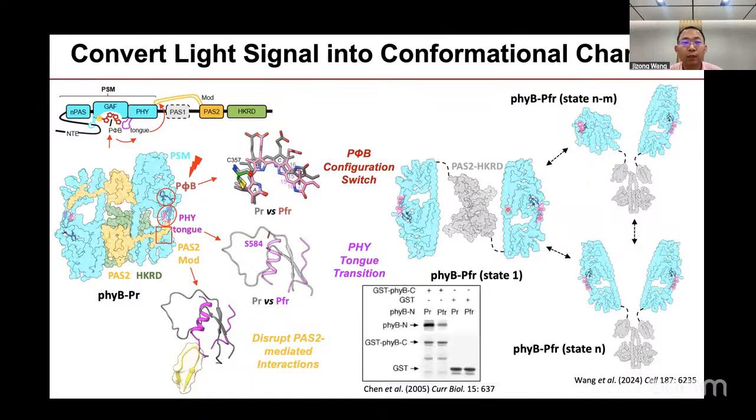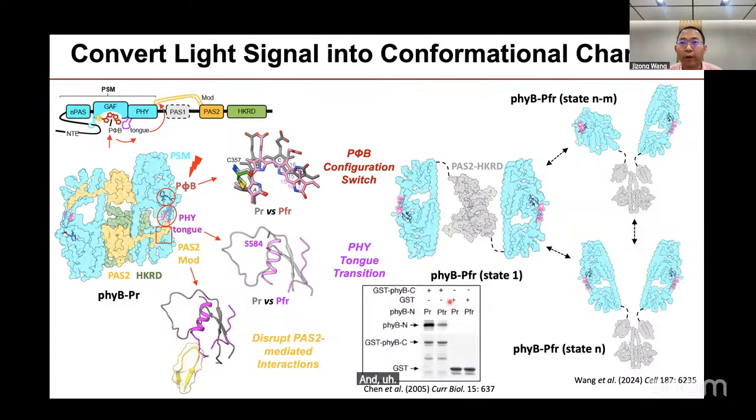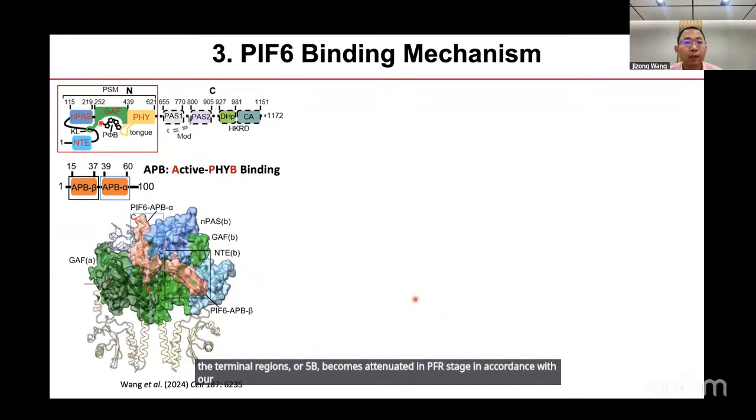Due to the weakened interactions between the N and C terminal regions of phyB, the Pfr becomes highly flexible. And early work from Chory's lab revealed that interactions between the N and C terminal regions of phyB become attenuated in the Pfr state, in accordance with our structure observation.